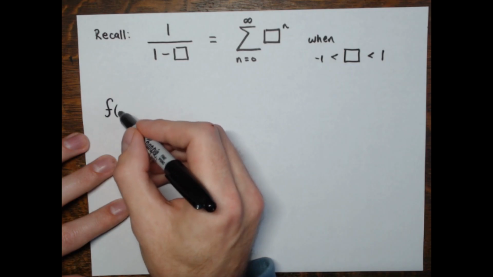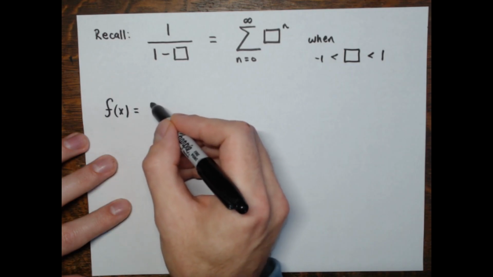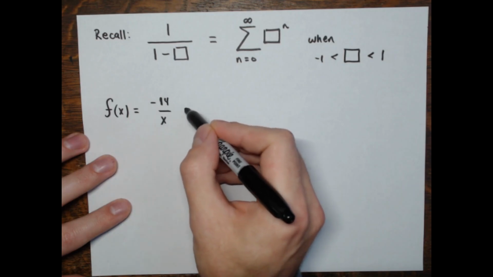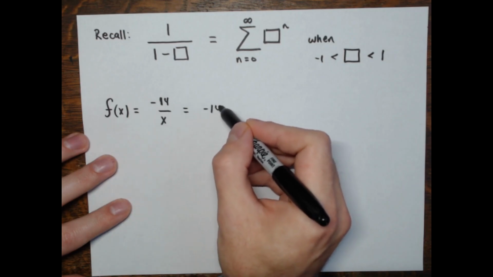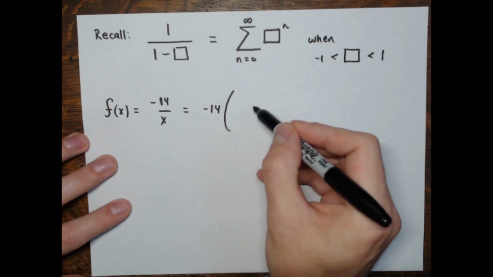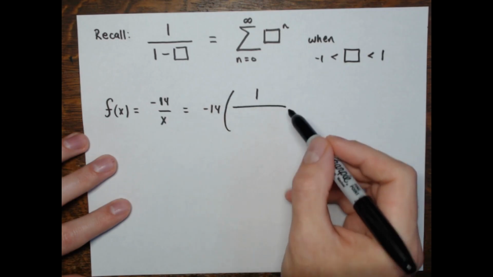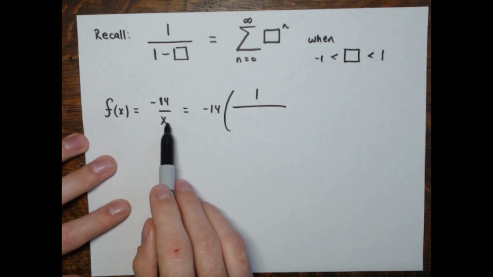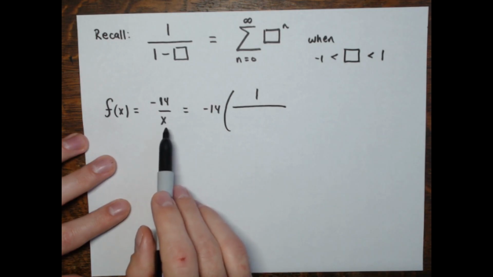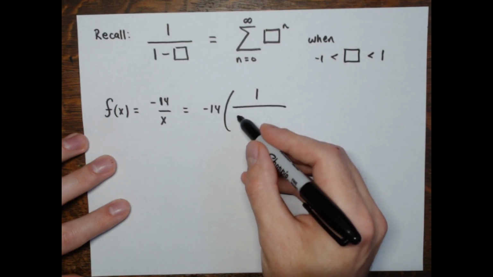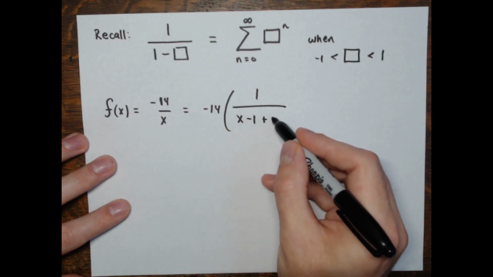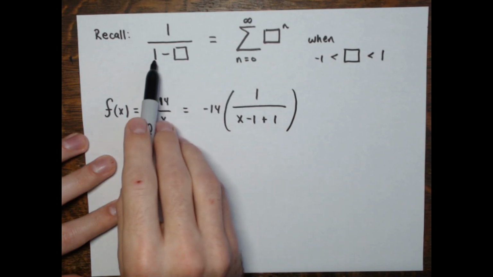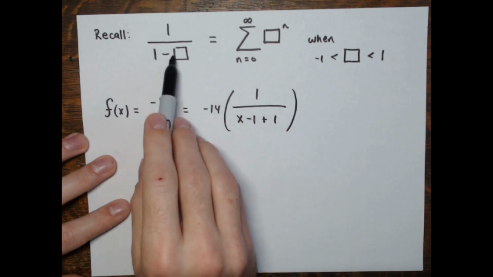Now our function is this, negative 14 over x, which I can think of this way as negative 14 times 1 over, and then if I want x minus 1 to be involved here, I subtract 1 and add 1. So I'll have x minus 1 plus 1, then rewrite some things down here so I get 1 minus something.